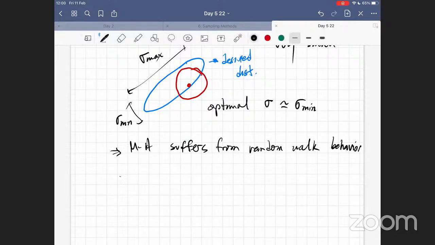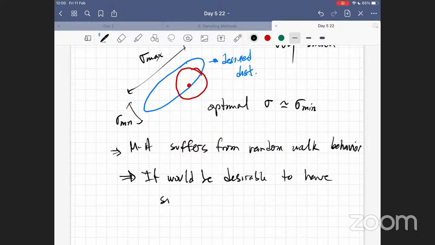So it would be desirable to have some guidance of where to move next, right?